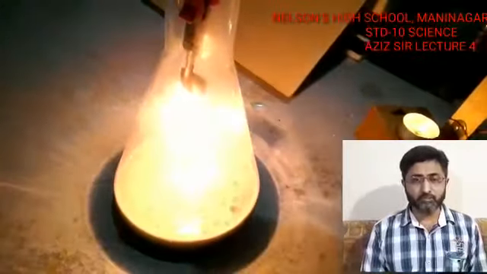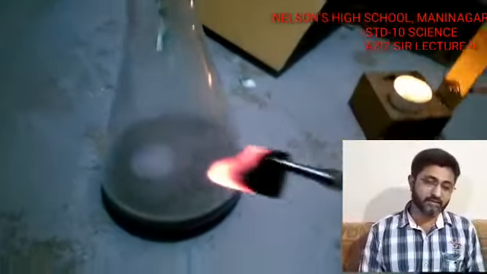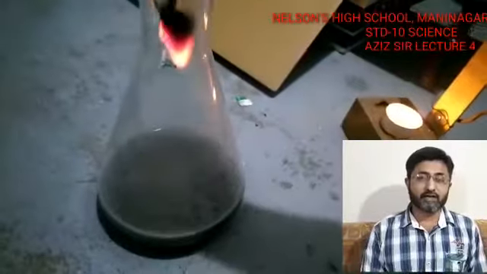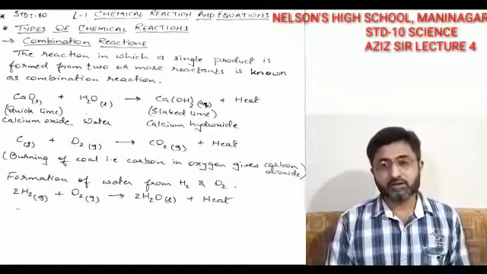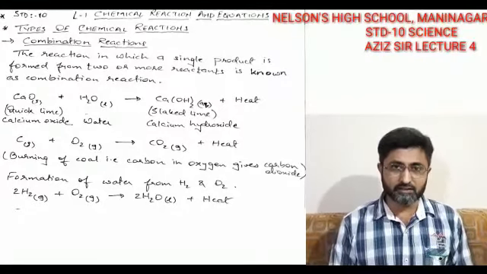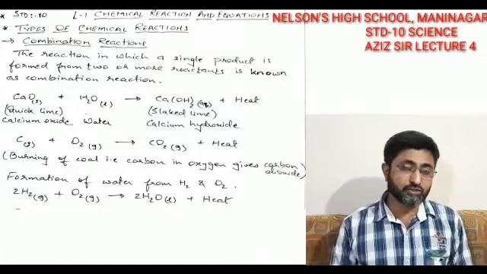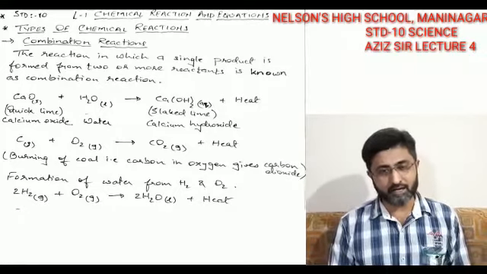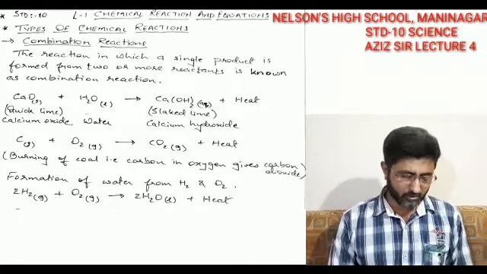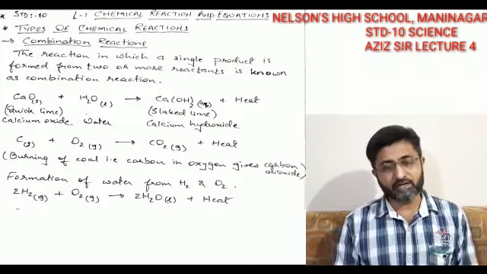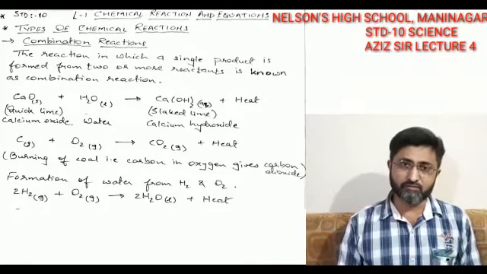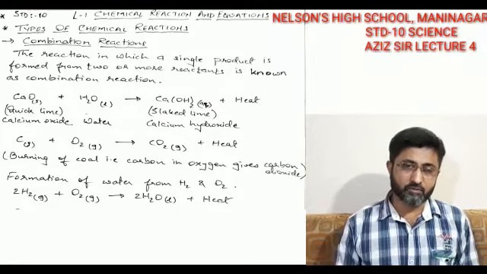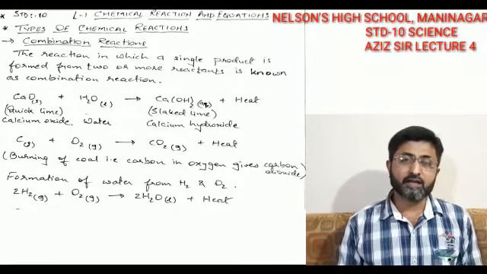Water is formed by the combination of hydrogen and oxygen also, but as they are transparent gases, we cannot show how the water molecules are formed. Yes, nowadays cars and other things are being built where hydrogen is used as a fuel and oxygen cylinders are kept, and lastly the product which is formed is water. So in the first reaction, calcium hydroxide, that is slaked lime, was formed by calcium oxide reacting with water.